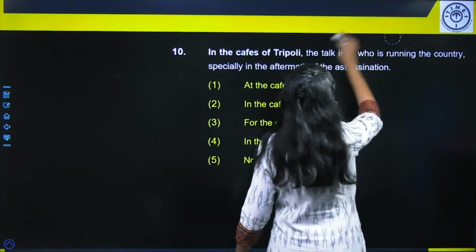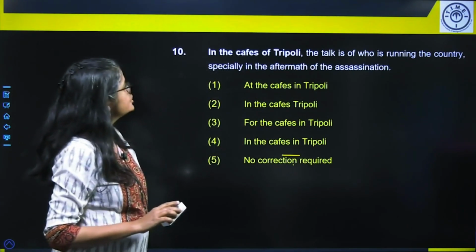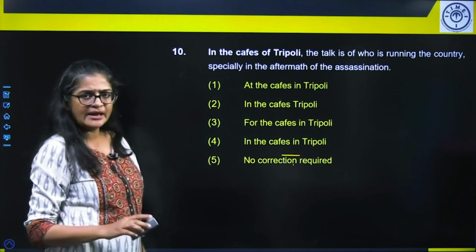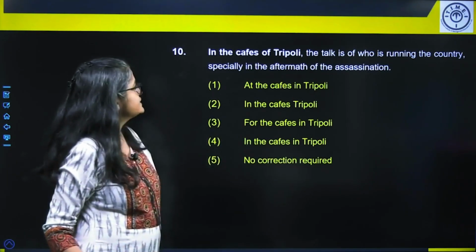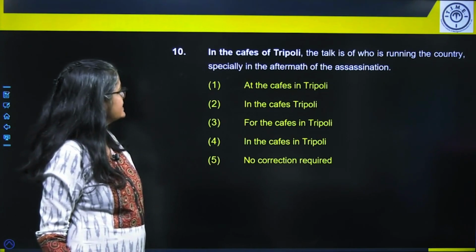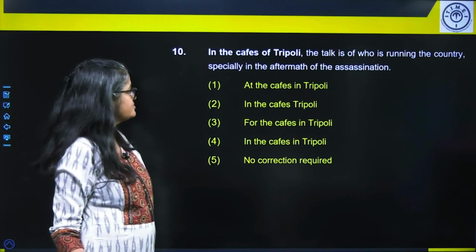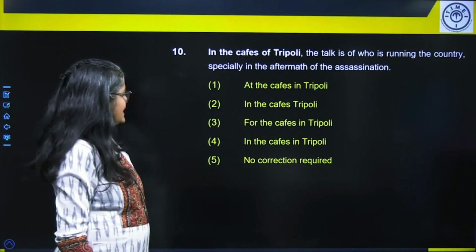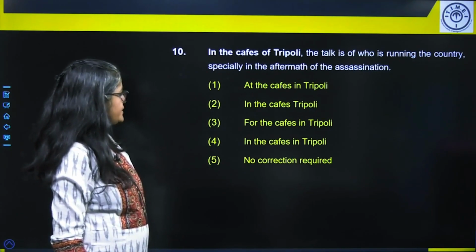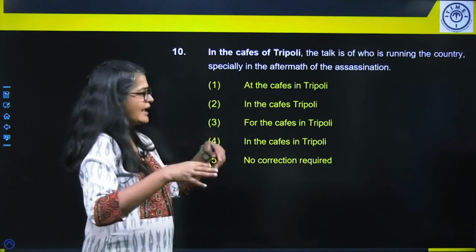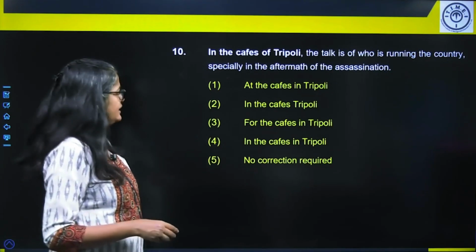In the cafes of Tripoli, Tripoli is a capital city, Libya, right? Okay. The talk is of who is running the country, especially in the aftermath of the assassination. That seems okay, no? Let's see. At the cafes in Tripoli, the talk happens in the cafe, right?